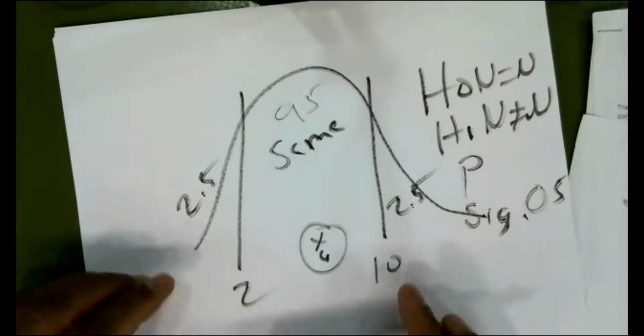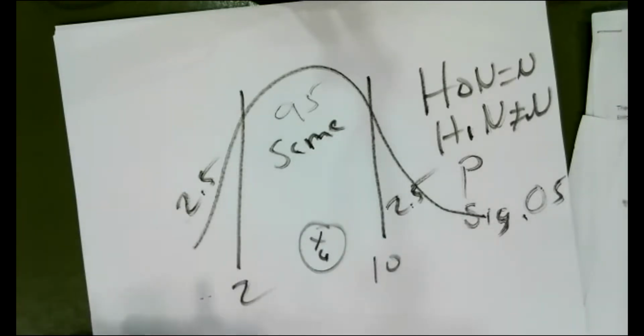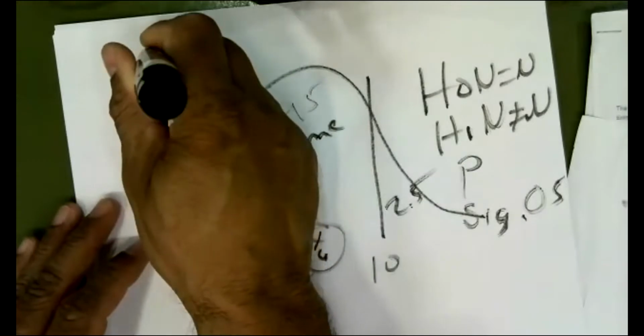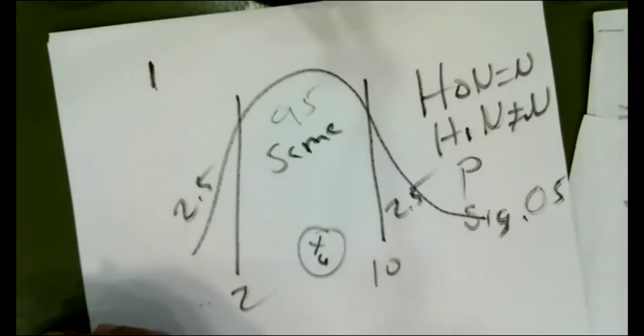Okay, this is our confidence interval. What we're hoping is that it's down here, that we give them the treatment and that it's less days. That's what we want to see. We don't want to see up here. So imagine we give them the treatment and we find out that they stay 1 day.